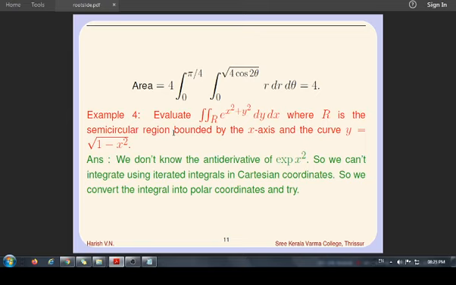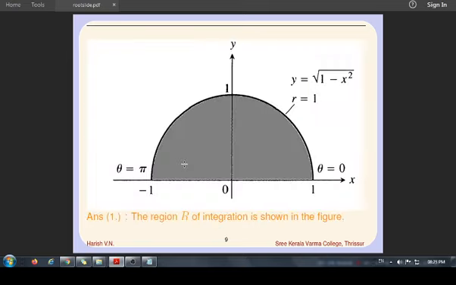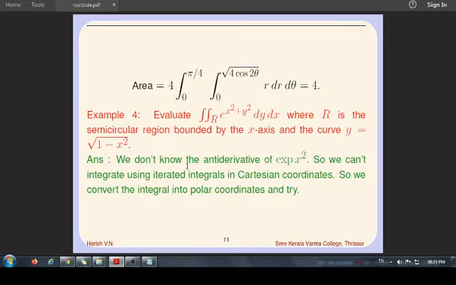It is the semicircular region. Yes, this one. So the r limits and theta limits are the same. But this integral is given in rectangular coordinates, Cartesian coordinates. So you have to evaluate this integral.